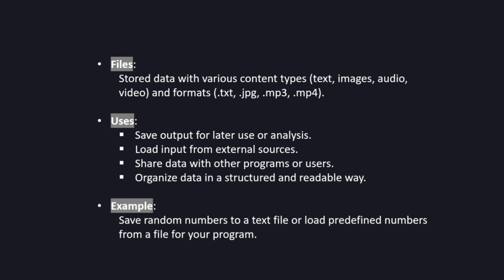You can use a file to save the output of your program in a text file so that you can use it later or share it with someone else. You can also use a file to load the input of your program from a text file so that you can use different or predefined numbers in your program.